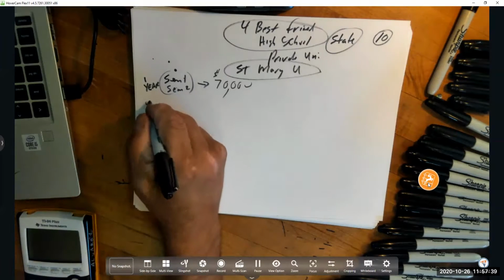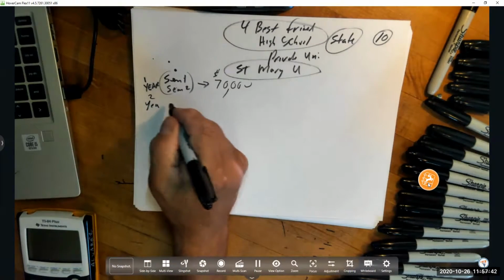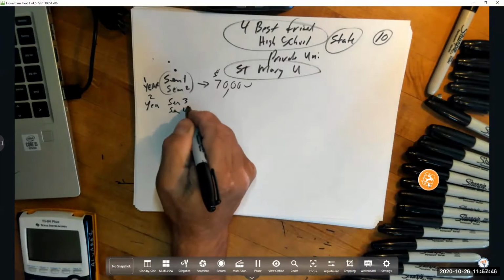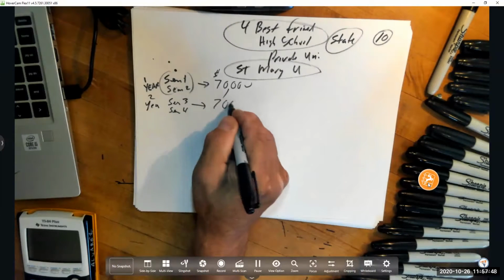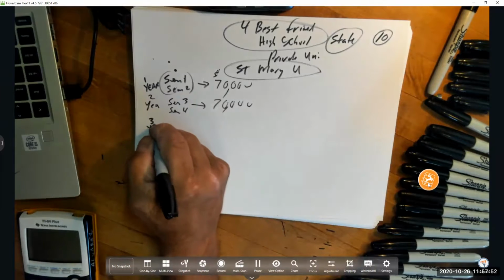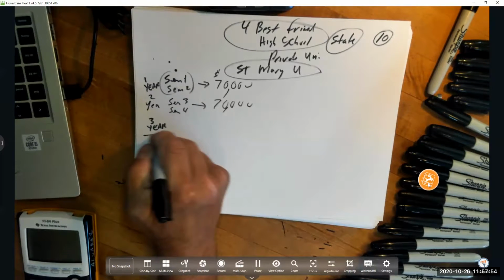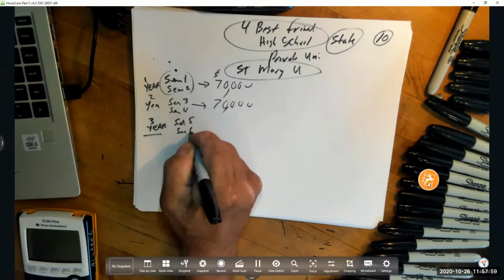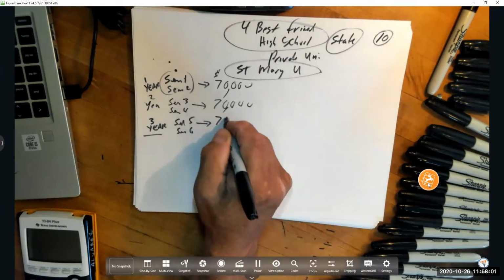Then, if you go another year, semester number 3, semester number 4, that's another 70,000 you're gonna spend. And if you go to the 3rd year there, semester number 5, semester number 6, it's another 70,000.